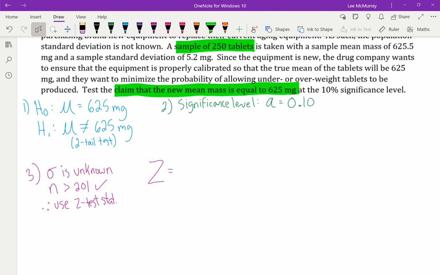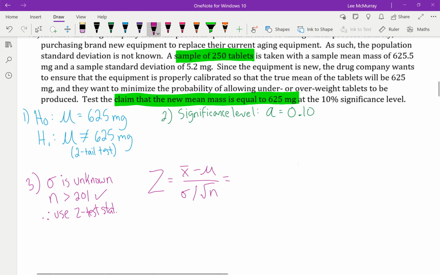So z is equal to x bar minus mu divided by the standard deviation divided by the square root of n. So in this case, remember, even though we don't know the standard deviation, what we end up relying on is the sample standard deviation for this calculation. Okay. So what's our x bar? What was our average?